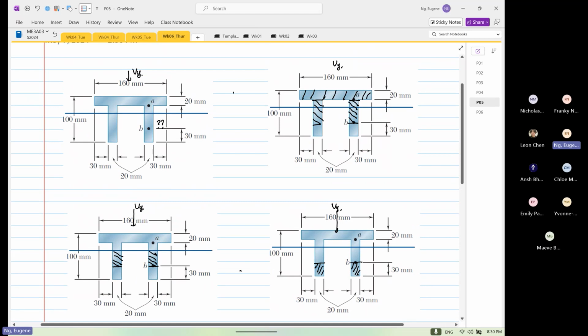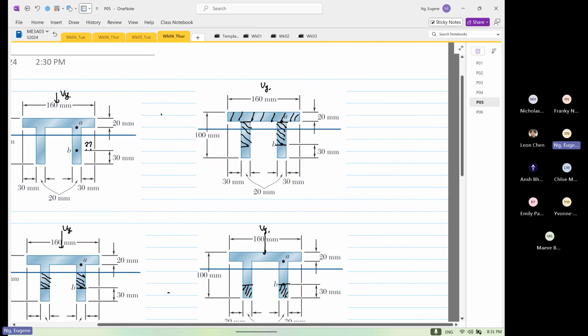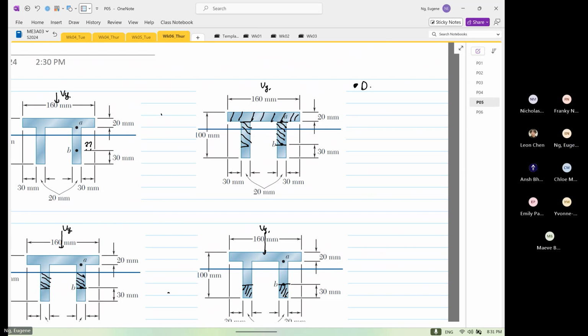And I'm going to write the rules. So the rules are: the datum is at the centroid.